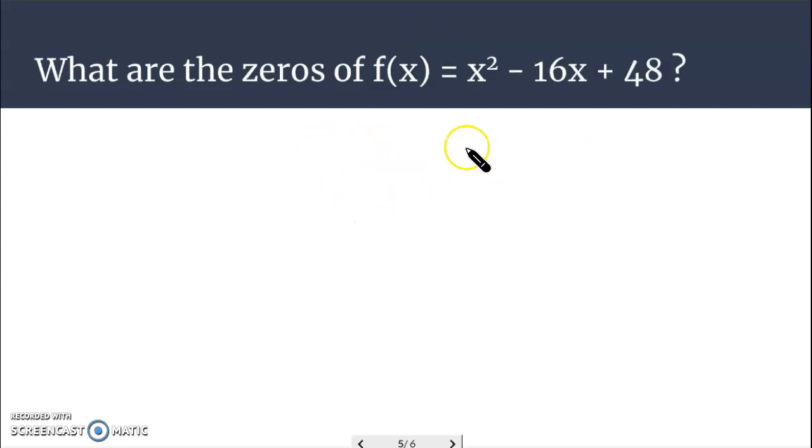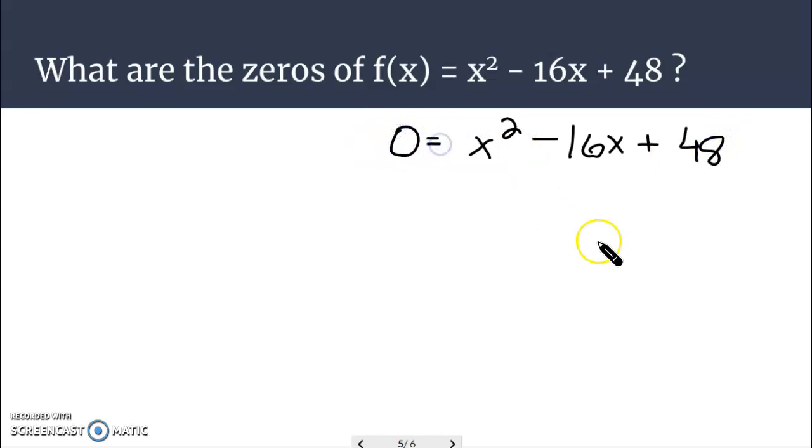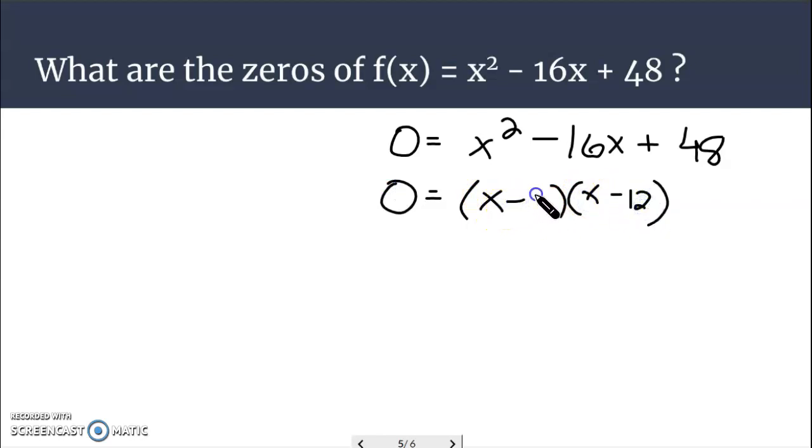What are the zeros of x squared minus 16x plus 48? I'm going to rewrite the equation, putting a 0 instead of the f of x. And we're going to ask, what factors of 48 add up to negative 16? Well, turns out negative 12 and negative 4 do. Think about it. If I do negative 4 times negative 12, I get a positive 48.